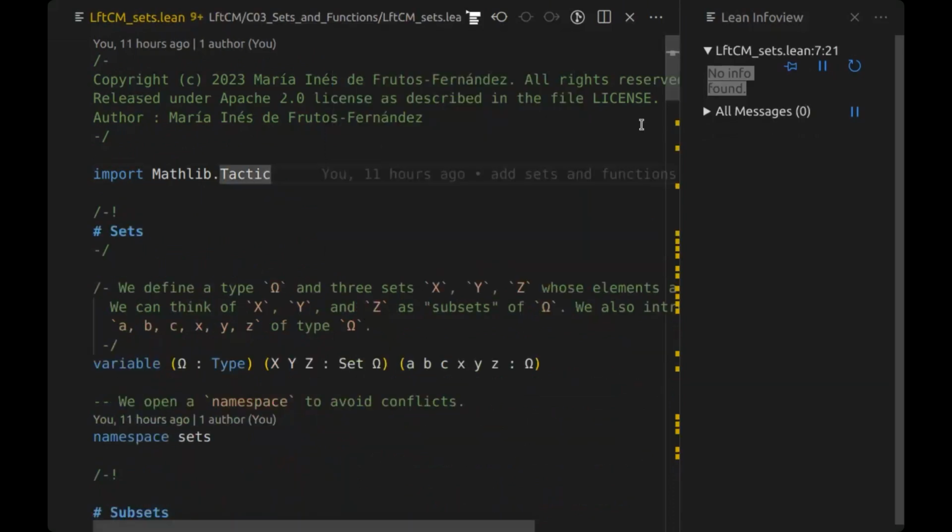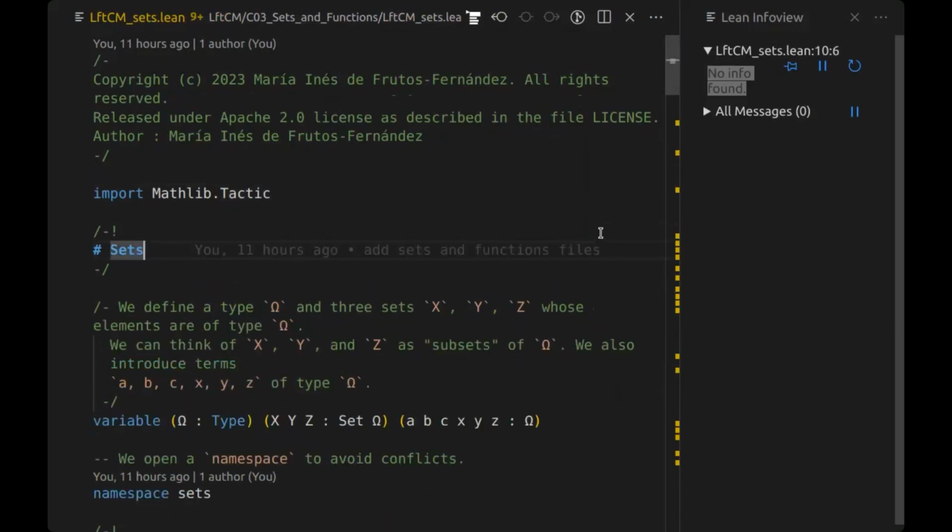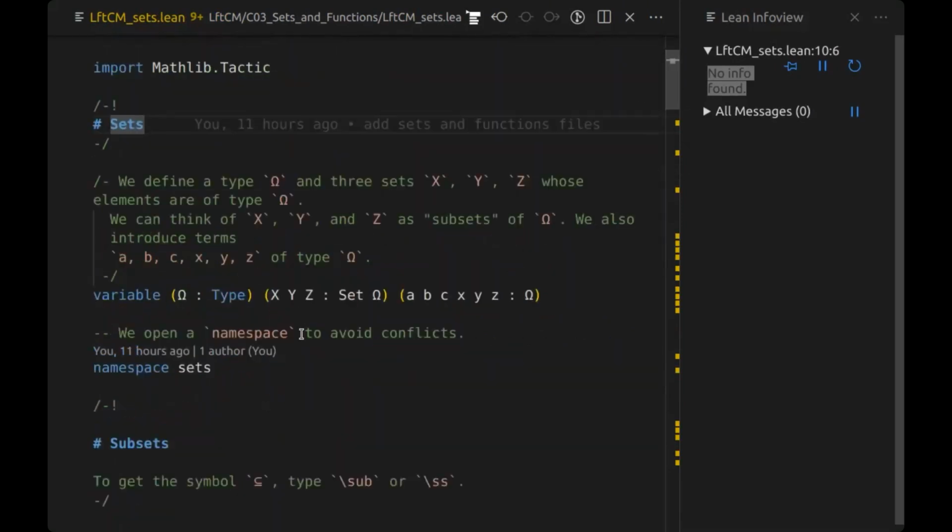So the way that this is going to work is, let's fix in this file a type omega, right? So omega, you can think of omega as a big set where we are working. And then we can define a type set omega. Set omega is going to be the type consisting of all subsets of this type omega.